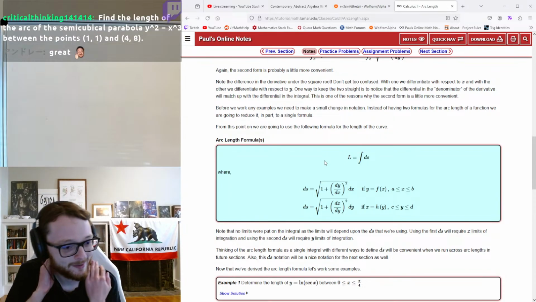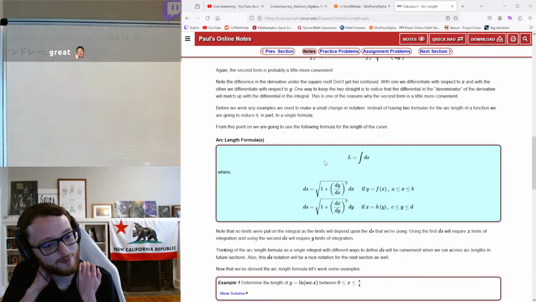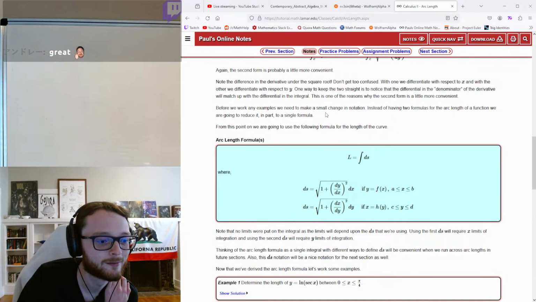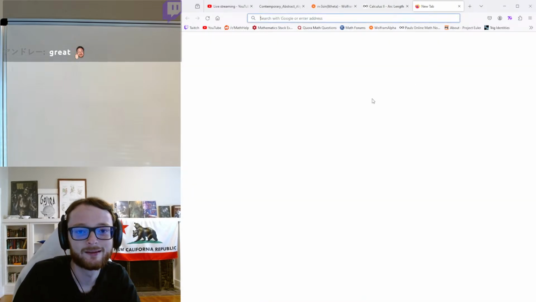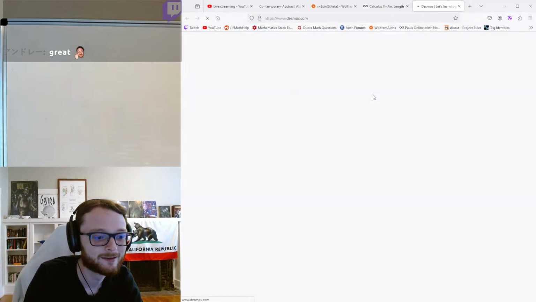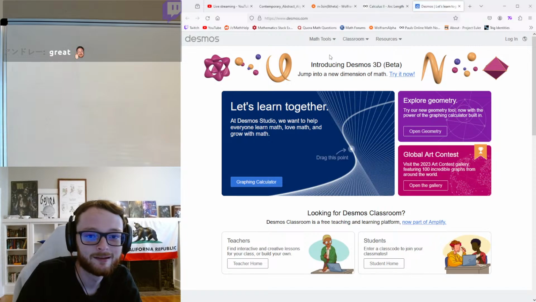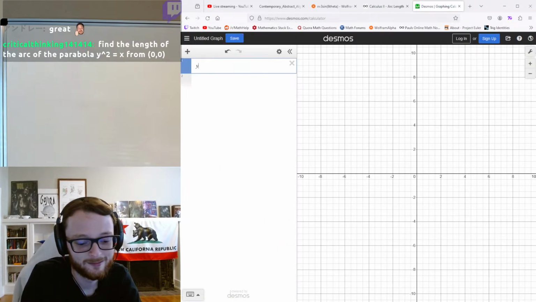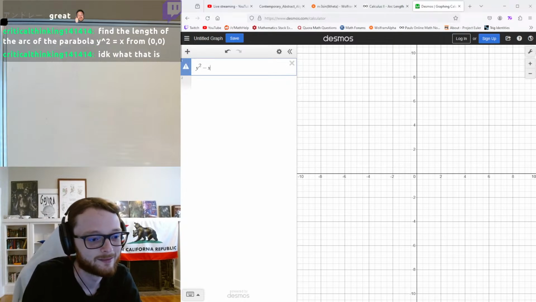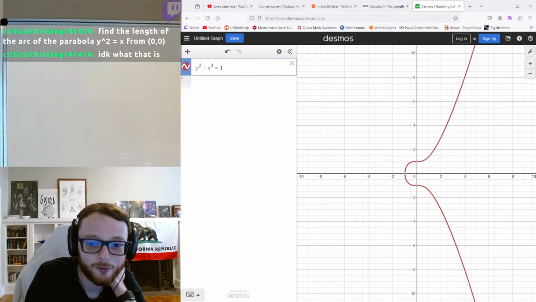Semi-cubical parabola. Is that equal to 1, or it should be equal to something, right? Or do they not tell you that? So it needs to be equal to something.